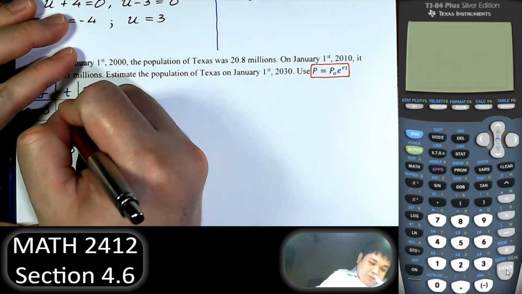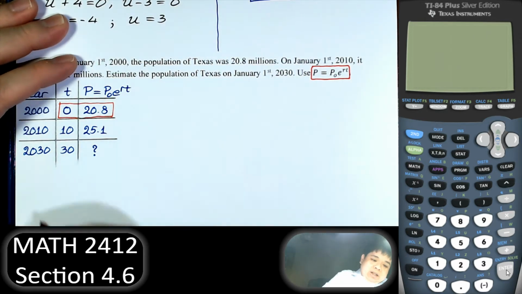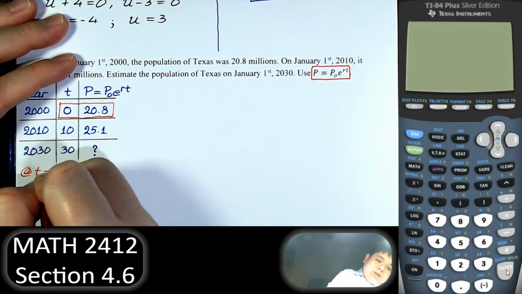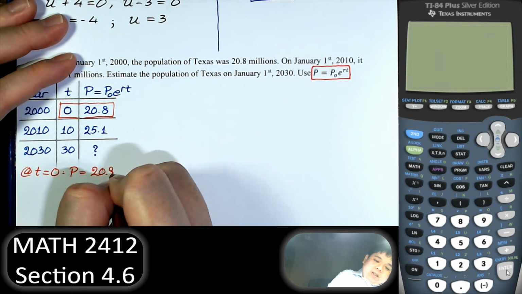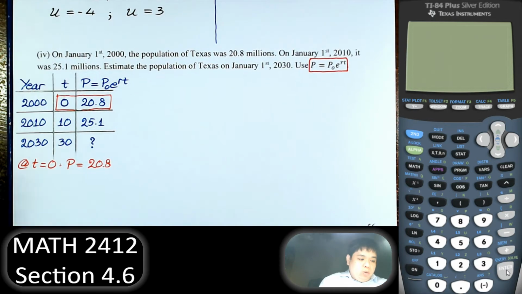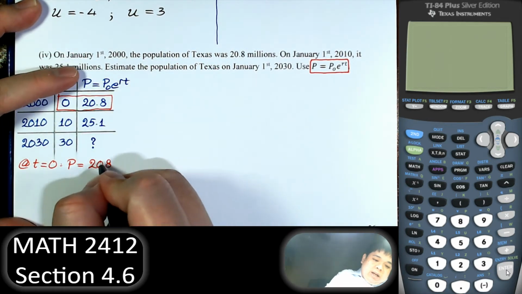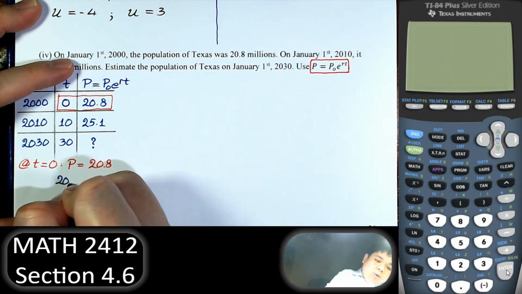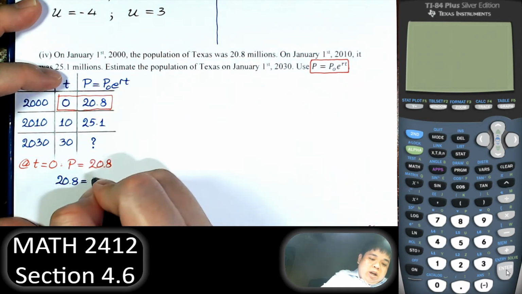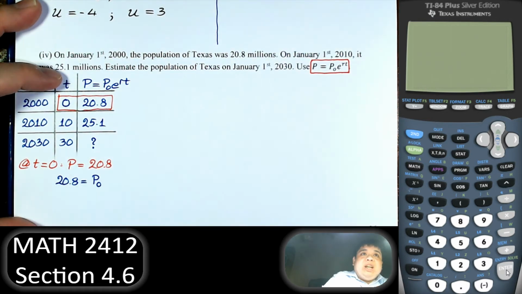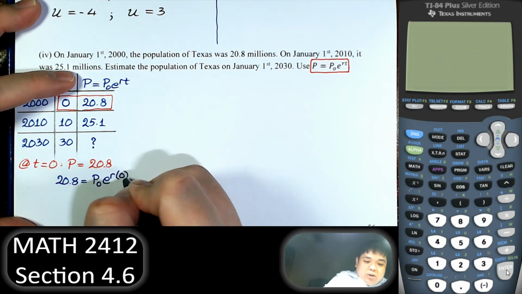First, 0 and 20.8. So we say at t equal to 0, the population is equal to 20.8. So we write, put 0 in, and we make that equal to P. So 20.8 equal to the initial population, we don't know, P naught, but we know t is equal to 0.